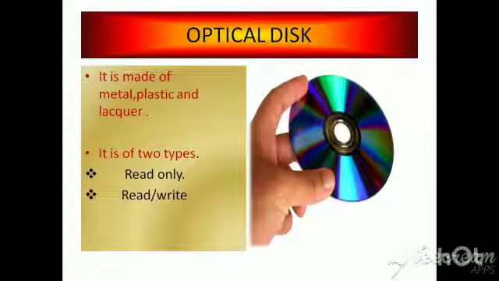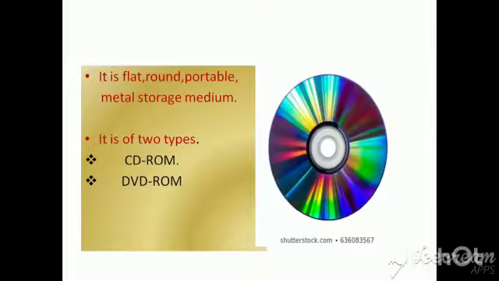That means the drives which are used to write on the media and read write allow the user to save on the disk just as they save on a hard disk.